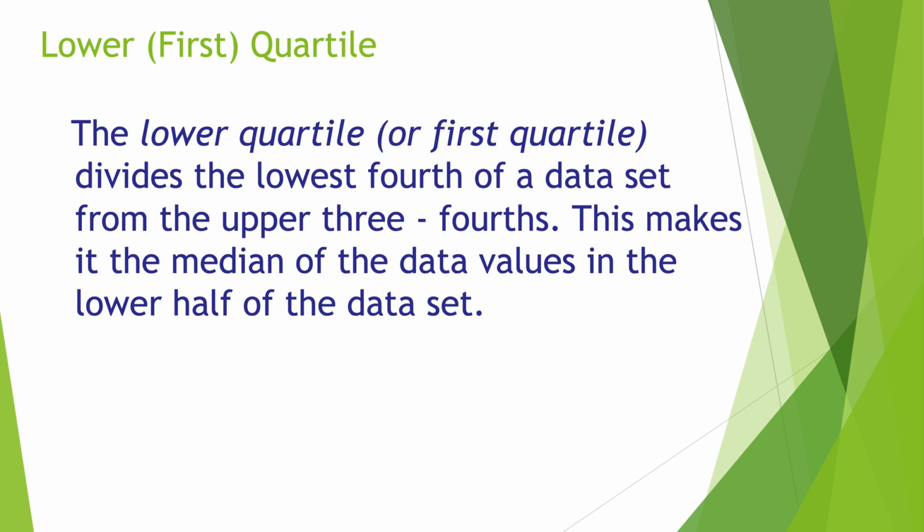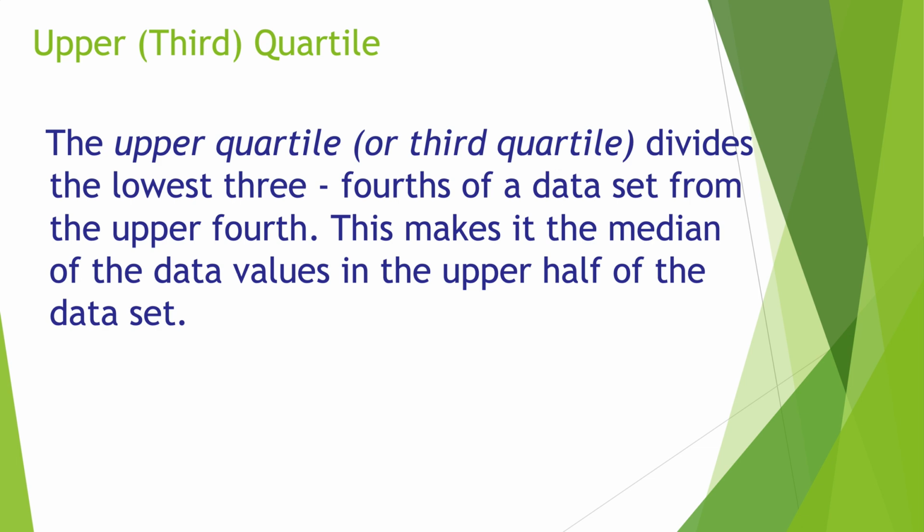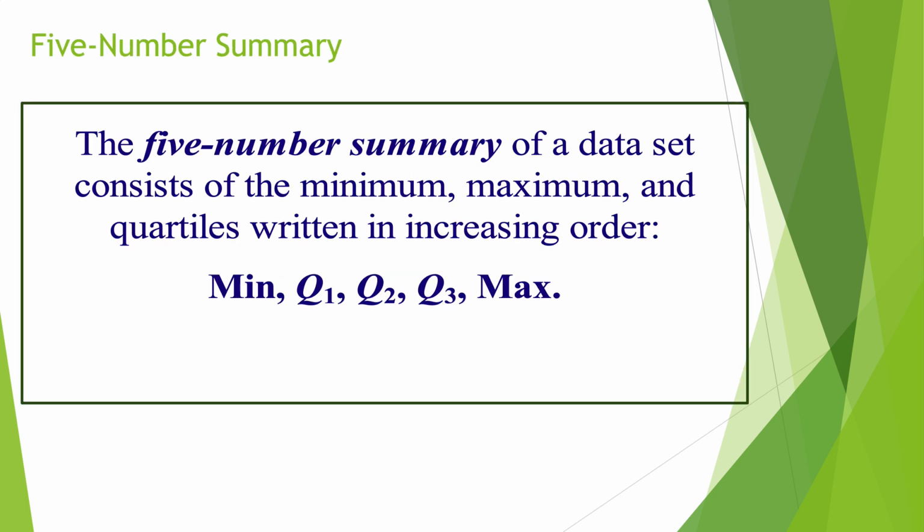Now the lower quartile, or the first quartile, you can call it either one, Q1, divides the lowest fourth of the data set from the upper 3/4 of the data set. The upper one is called the third quartile, or Q3. It's the median of the upper half of the data set. The lower quartile is the median of the lower set.